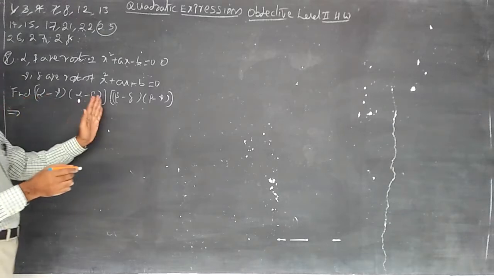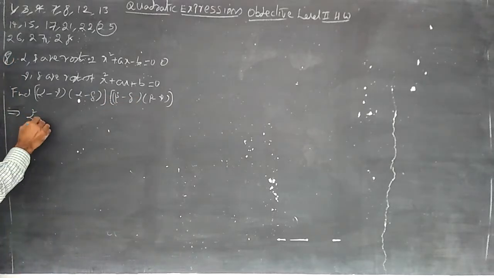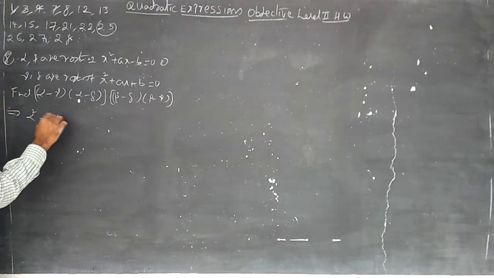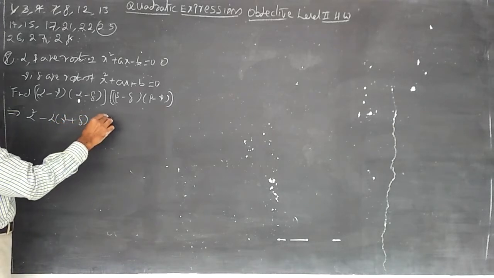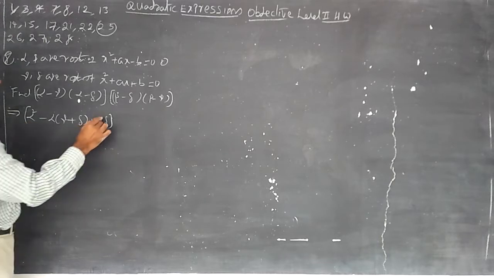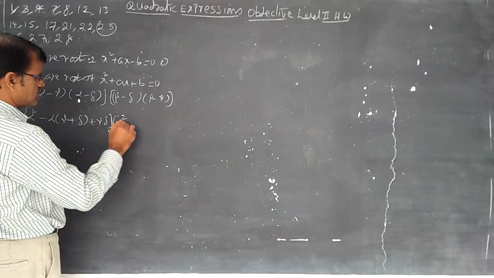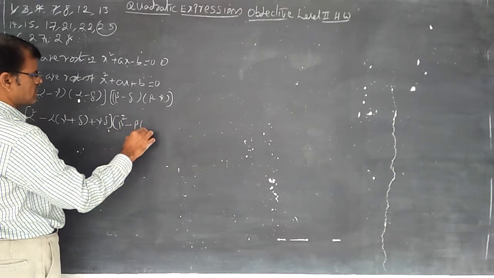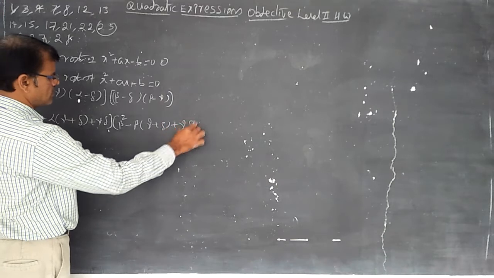The terms multiply with these two terms and later these two terms. It becomes alpha square minus alpha taken common within the brackets gamma plus delta, plus gamma delta, and beta square minus beta taken common gamma plus delta, plus gamma delta.